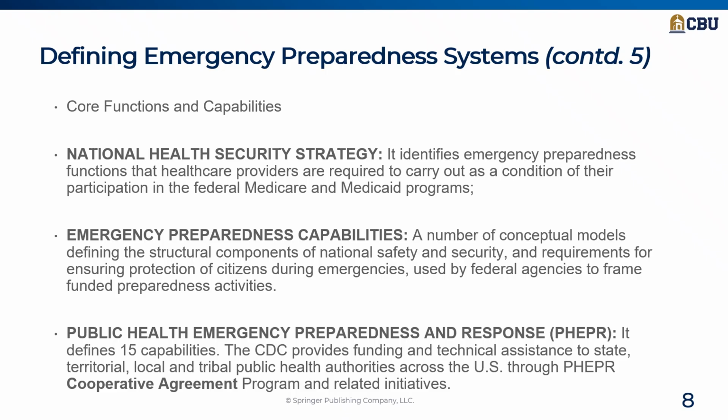So there are all these different capabilities that the system is trying to make sure all the different players in the system have the ability to do in an emergency. These capabilities are crucial for these different agencies to demonstrate. We're talking about capabilities like community resilience, incident management, and surveillance.